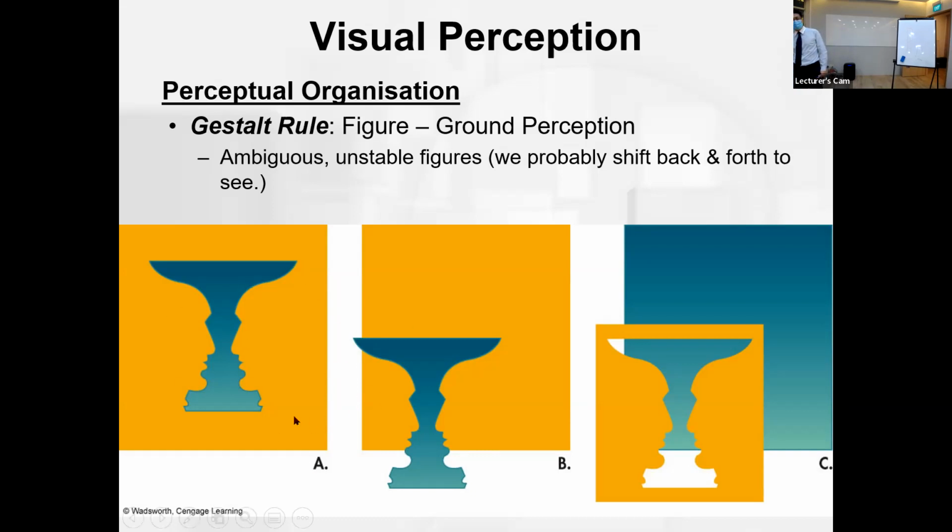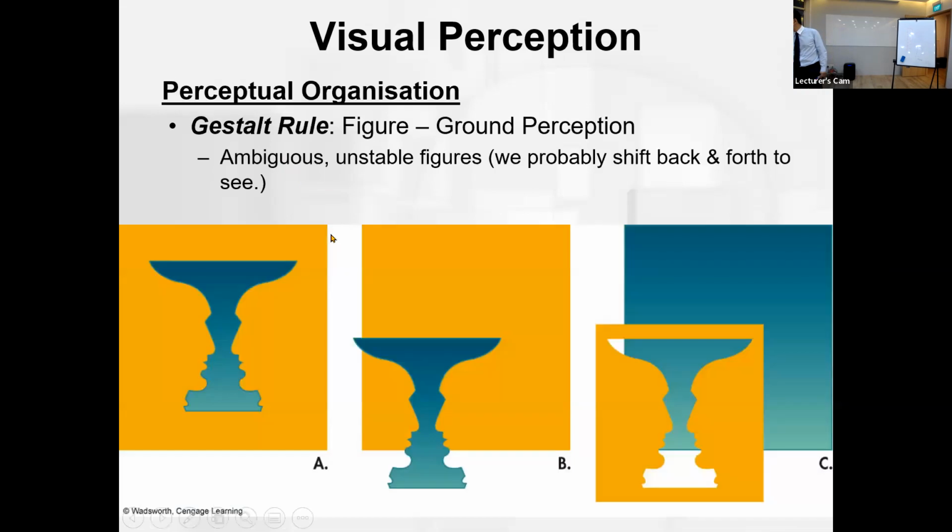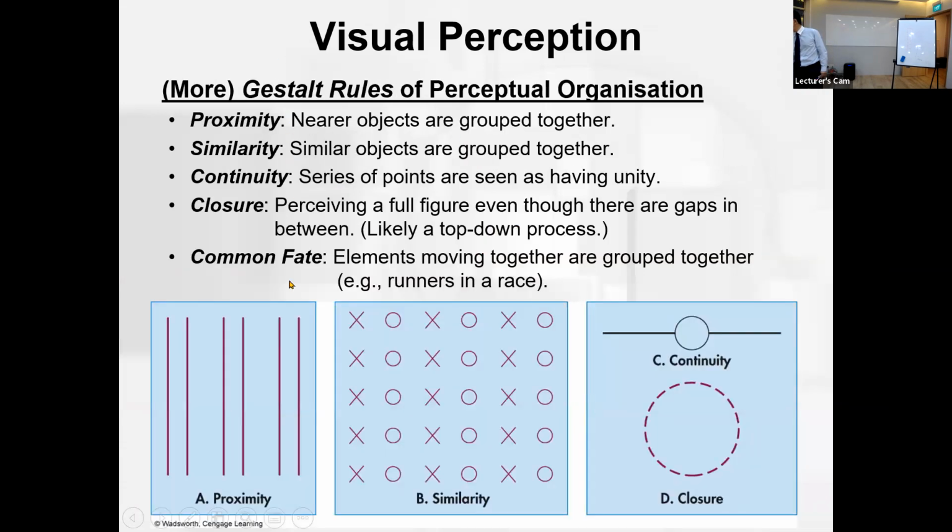So to actually understand things, we already have a quick foundation. Foreground, background, right? Now here is a list. I'd like you to put a star here. For this figure, ground, perception, and this, please read. These are the principles discovered by the Gestaltists. They fall short of explaining which part of the occipital lobe deals with some of these things. But later on, we discover it is not the occipital lobe alone.